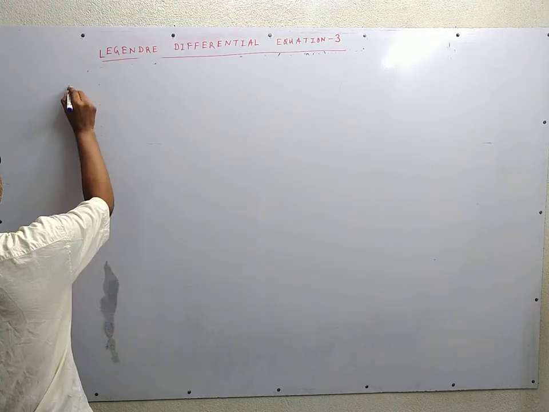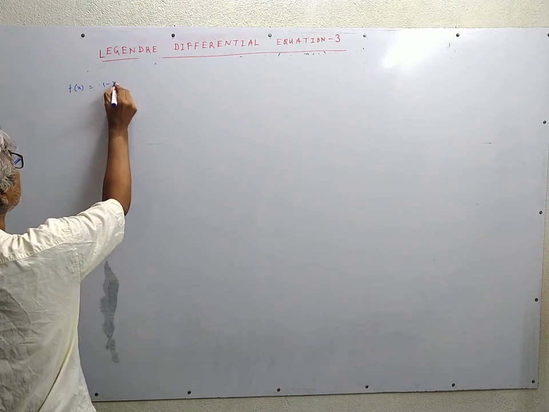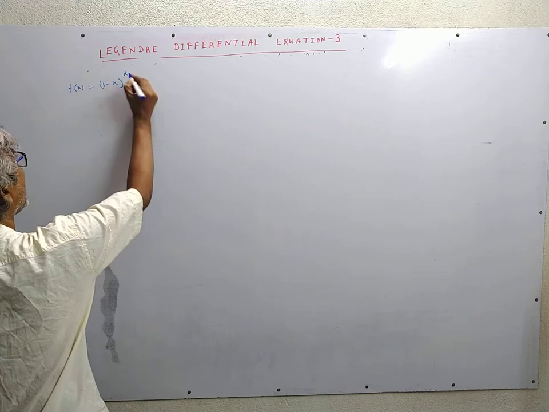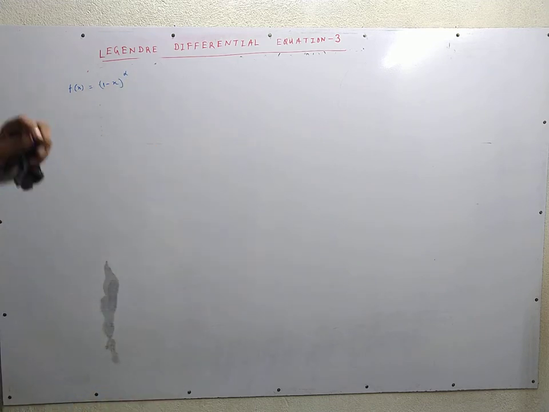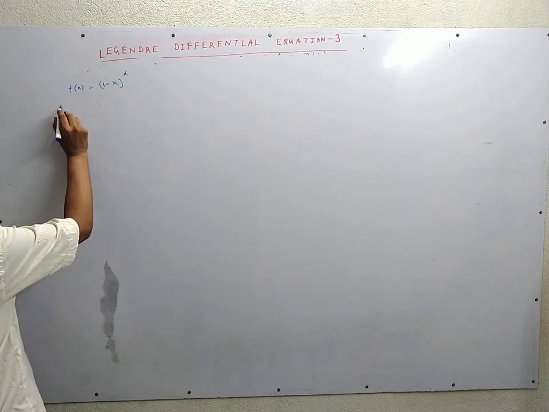We consider a function f of x is equal to (1 minus x) to the power alpha, where alpha may be any real quantity. We want to expand it in Maclaurin series.